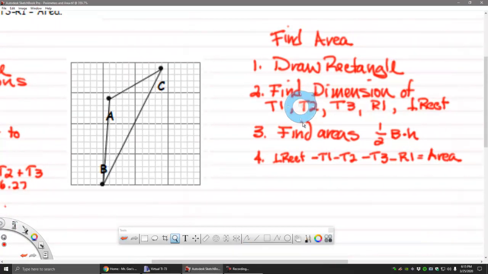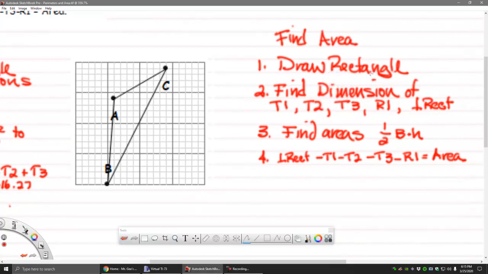And here I have the steps. The first step is to draw a rectangle around the triangle, find the dimensions of T1, T2, T3, and sometimes you're going to have this R1 here, and I'll talk about that in a minute. And then we have this large rectangle.